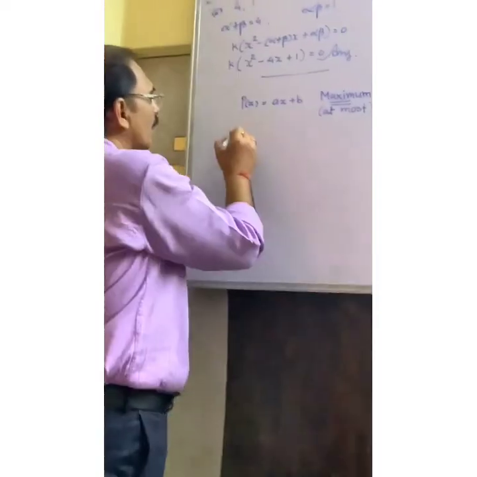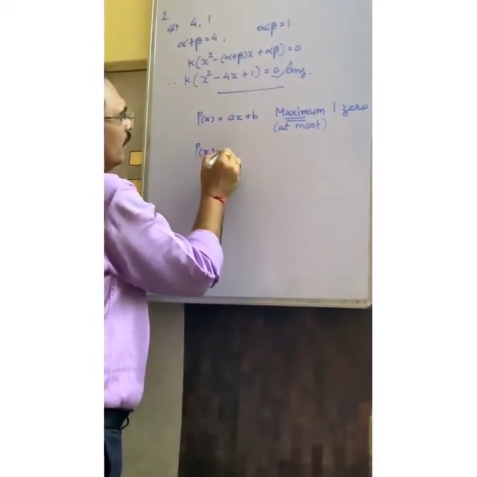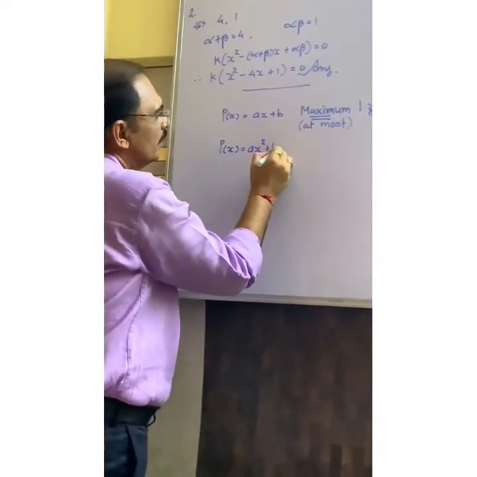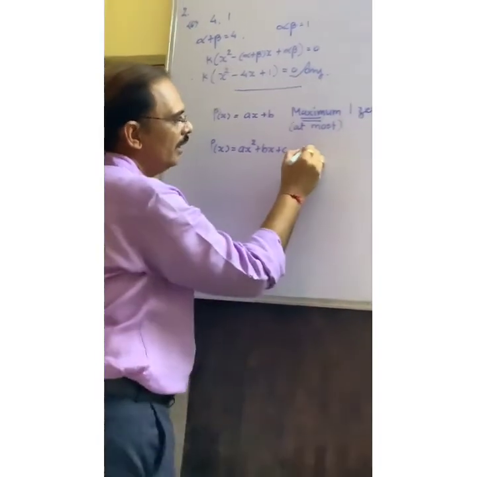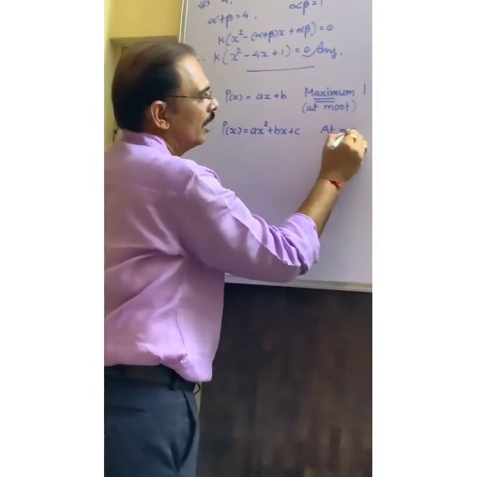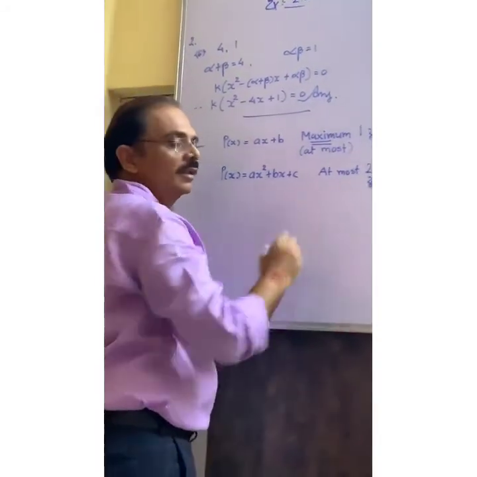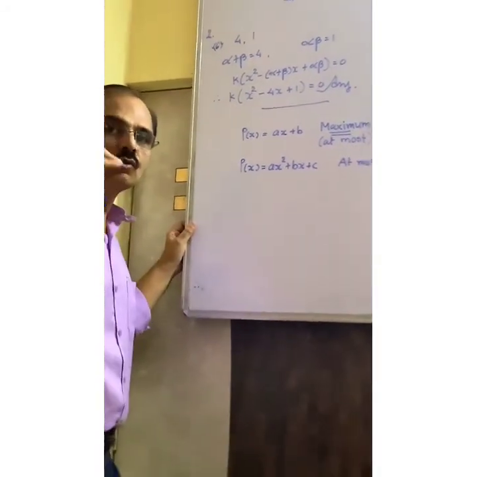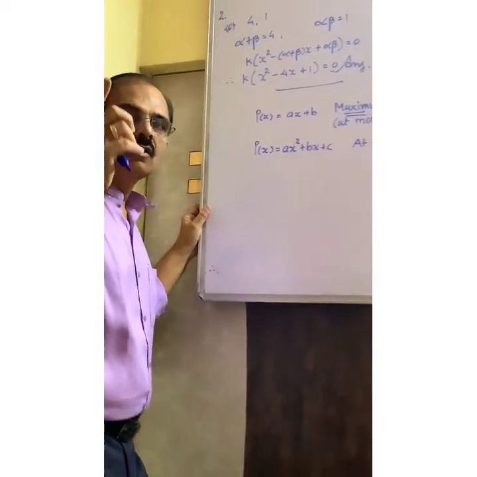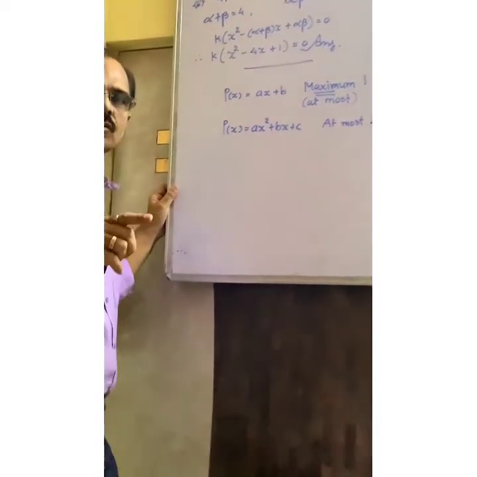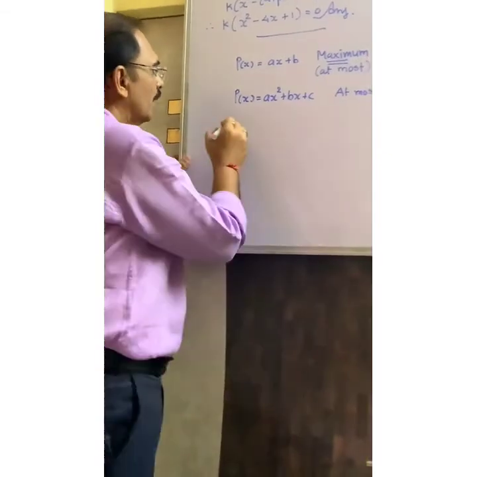Less than 1. For quadratic polynomial ax square plus bx plus c, again quadratic polynomial has at most 2 zeros. At most 2 zeros means it has maximum 2 zeros. 2 zeros or less than 2 means maybe 1 zero, maybe no zero.